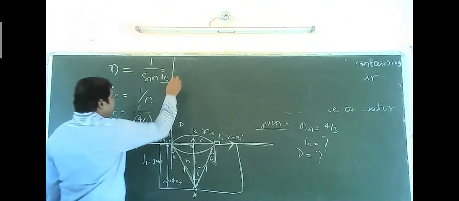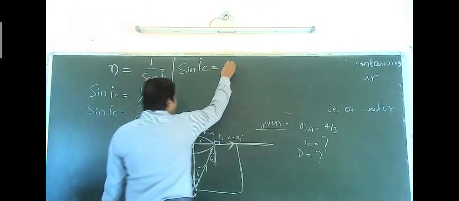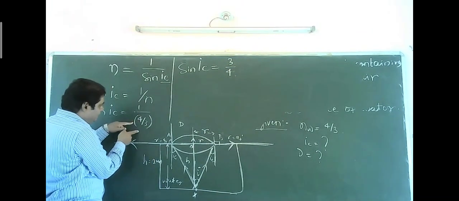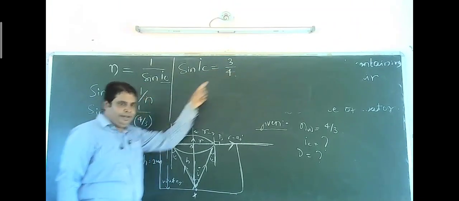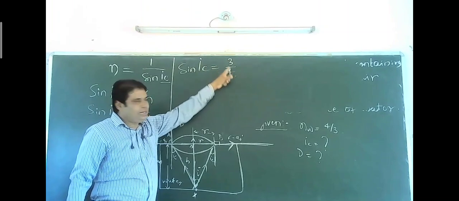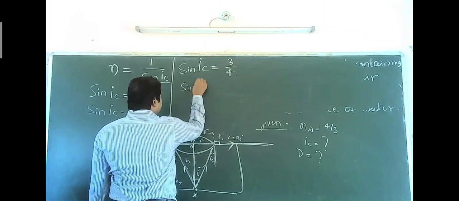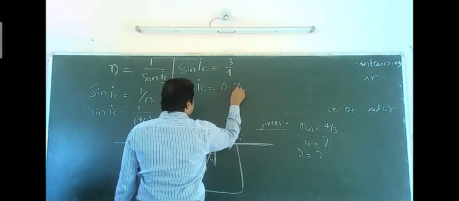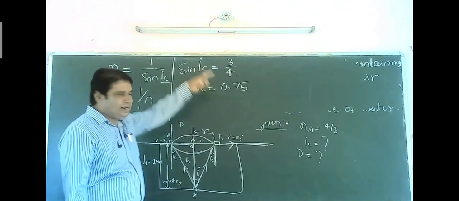So sin IC is equal to 3 by 4. Taking the reciprocal of 4 by 3 gives 3 by 4. Or sin IC is equal to 0.75, simple calculation.